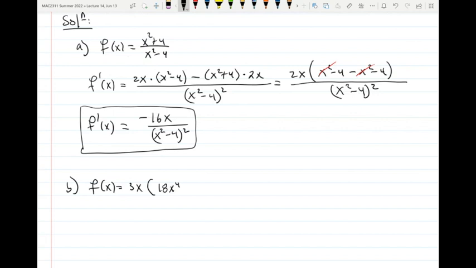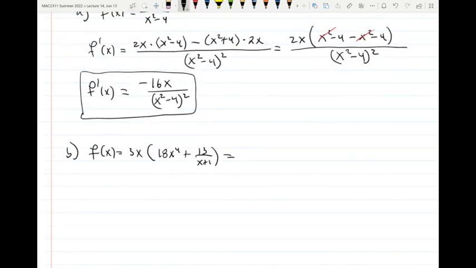So what was the strategy here? Should we do product rule or distribute first? So let's distribute first. So we can rewrite this as, what is this, 54x to the 5 plus 39x over x plus 1.